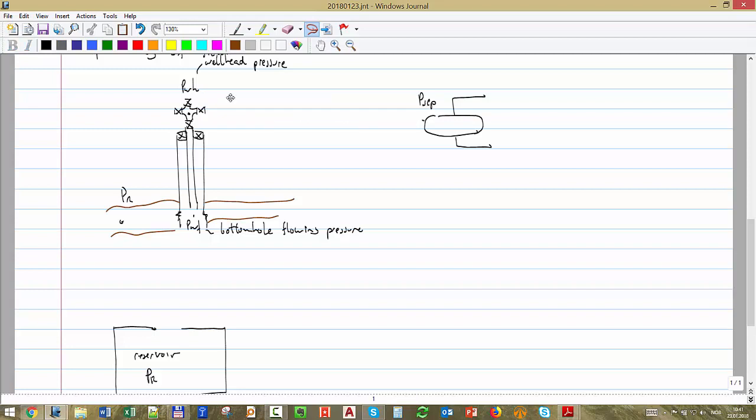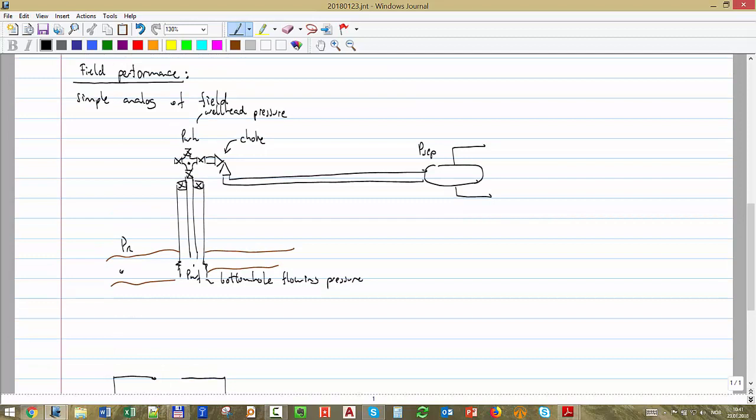Okay, that's what I call the choke. So remember, I have reservoir pressure, bottom hole pressure, wellhead pressure, and separator, and I have an element which is the choke, okay, that I can regulate.